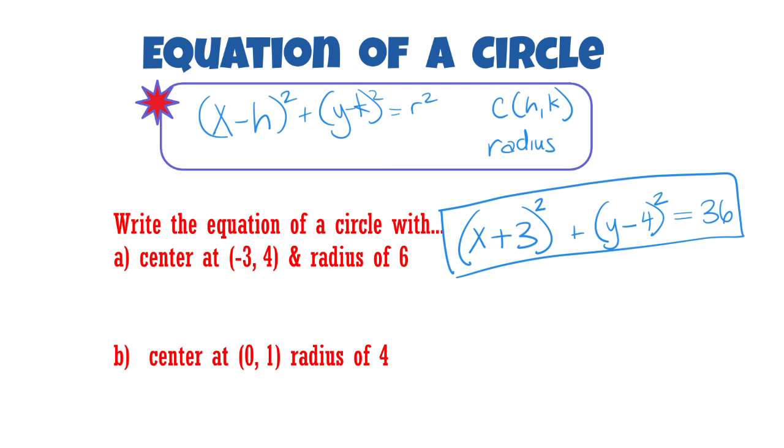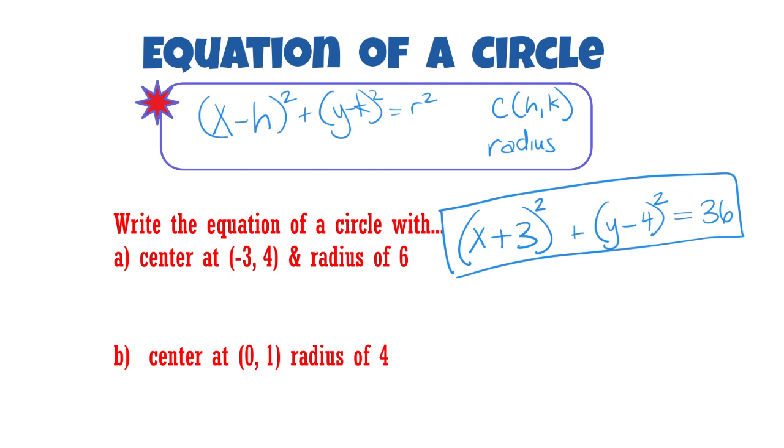Next one, just a little bit quirky. It's supposed to actually look nicer, but sometimes when you get that 0, it starts to look weird. So what I want you to recognize is if you have a 0 for your center, don't complicate the formula. I would put 0 in for h, so it would be x minus 0 squared. Well, that's just x squared. So be sure to take advantage of that.